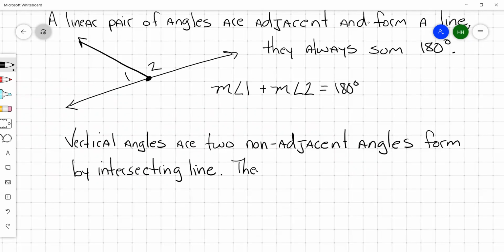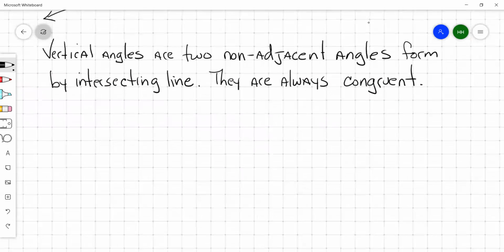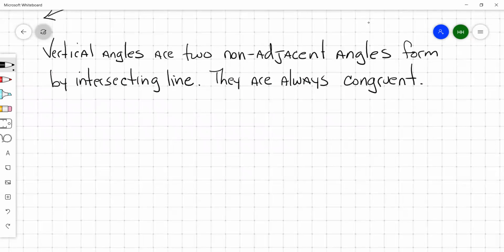They are always congruent. All right, vertical angles. They're non-adjacent, which means they're not next to each other, and they're formed by intersecting lines.